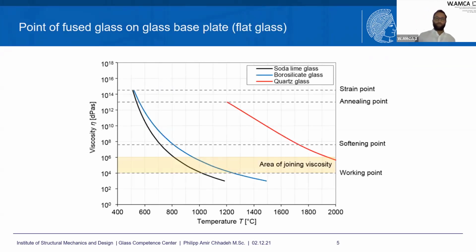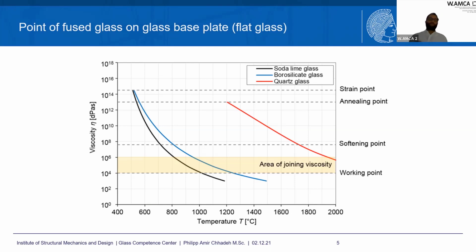Here I brought a graph. In the built environment, we often look through soda lime glass. Usually I would point out of the window and say it's soda lime, but they are covered.